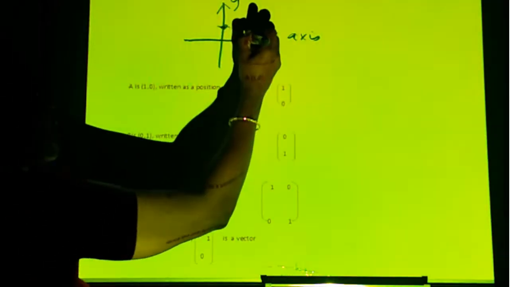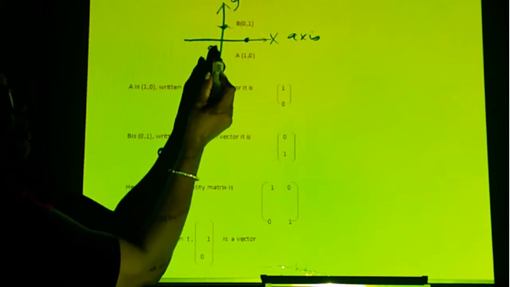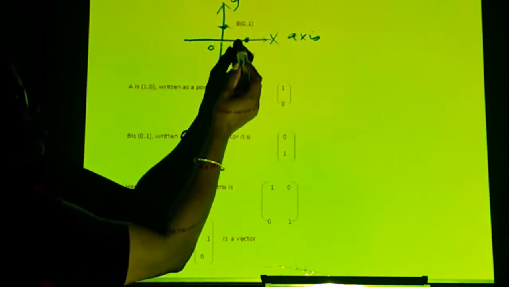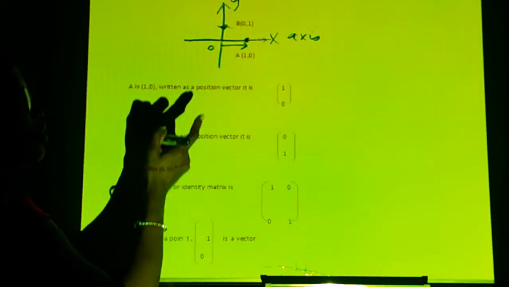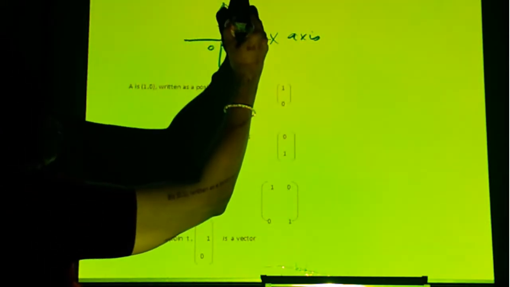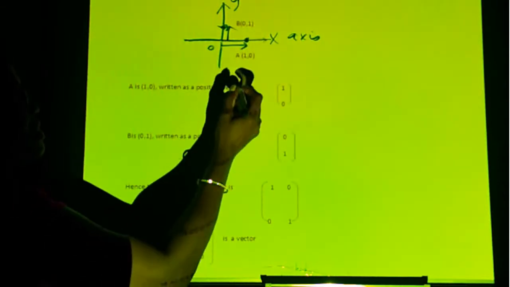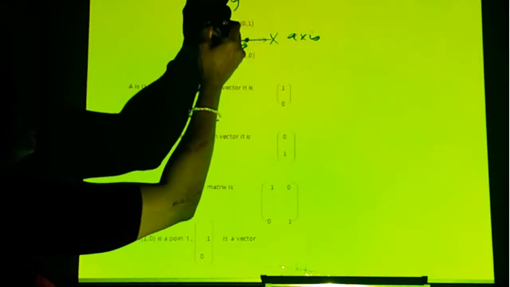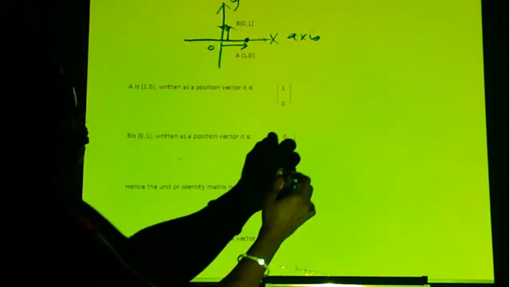And this point on the x-axis is (1, 0). The distance from the origin (0, 0) to (1, 0) is just 1 unit to the right, 1 unit up. Okay? So this is (1, 0), and this is a coordinate or a point. (0, 1) is also a coordinate or a point on the graph paper.